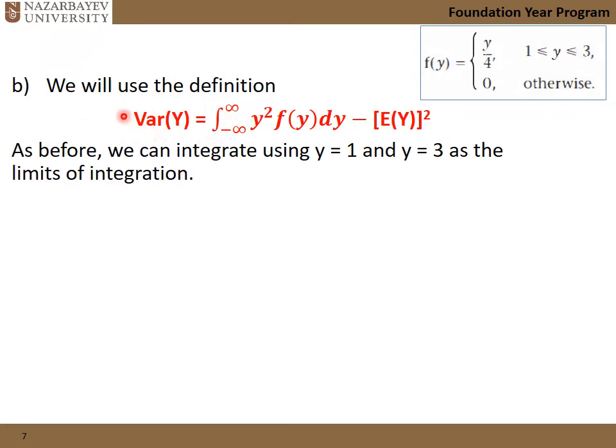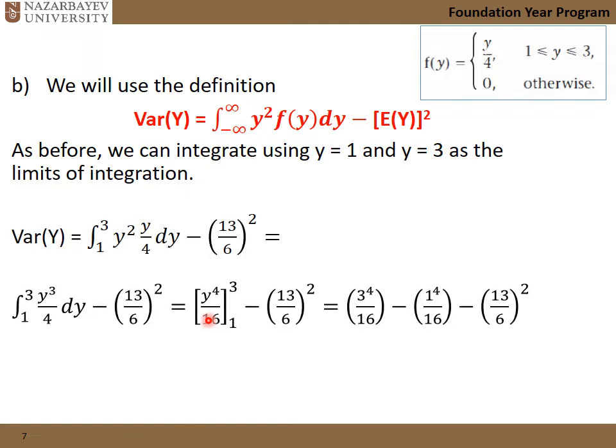Calculating the variance is the same technique. We need to multiply the PDF by y squared and then subtract the mean squared we got from the previous part. So again, change these to whatever limits the question gives you and perform the integral. y squared multiplied by y over 4 is y cubed over 4.